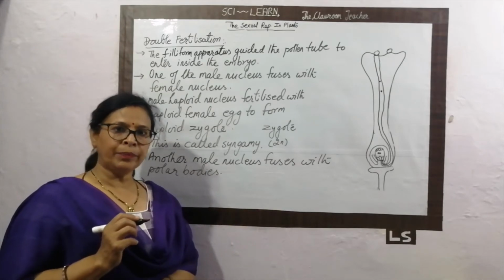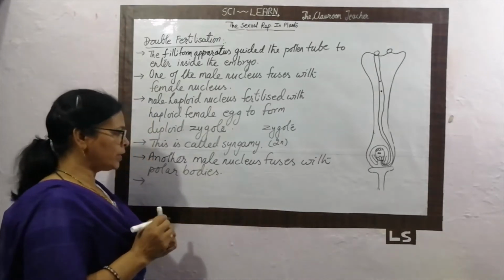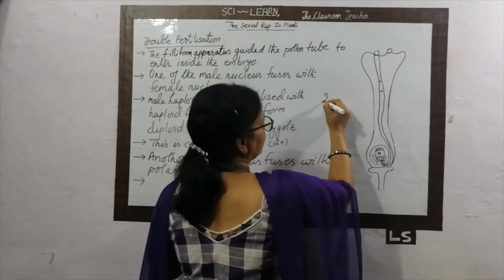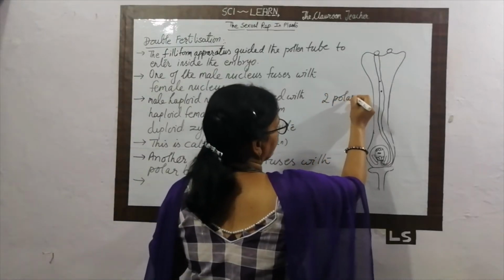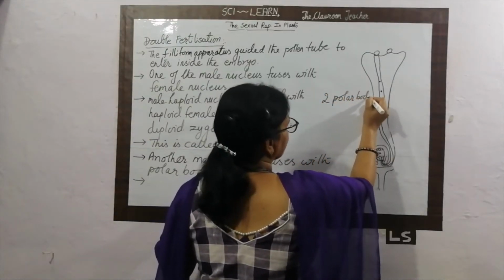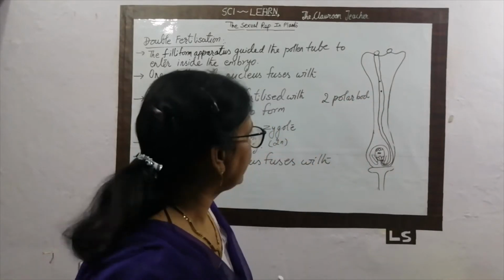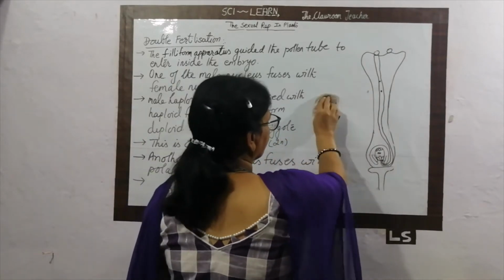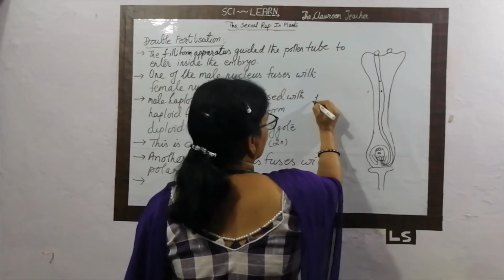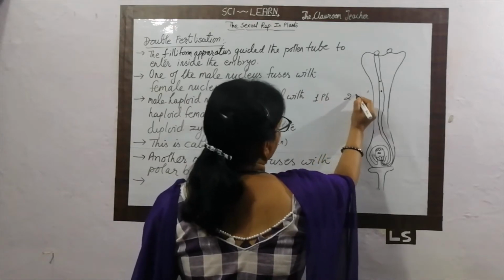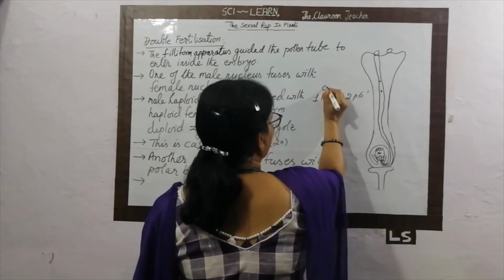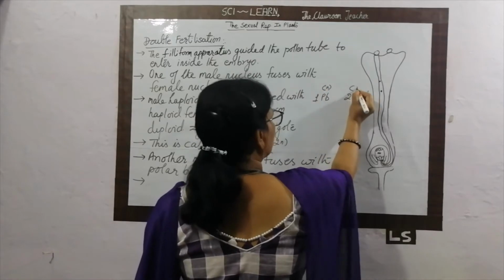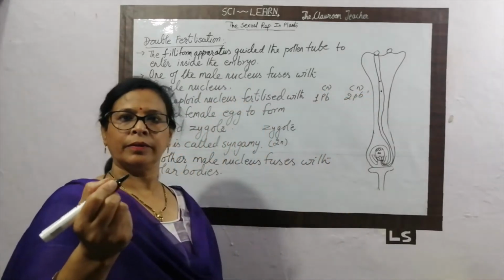Now what happened here? These two polar nuclei are there. Just write like this: first polar nucleus and second polar nucleus. Each contains a haploid number of chromosomes.